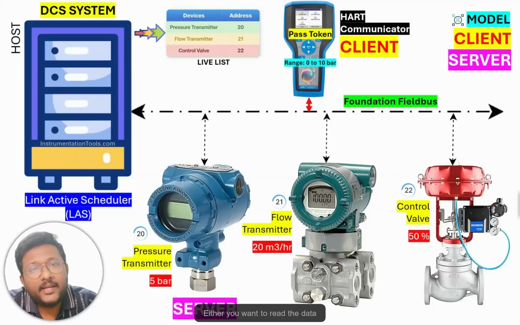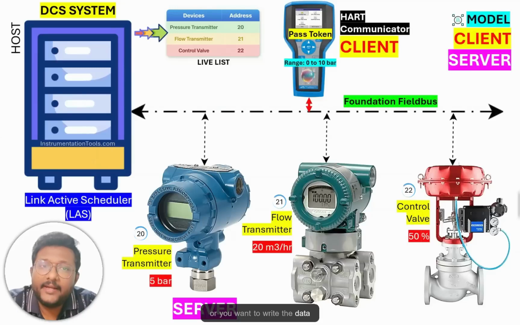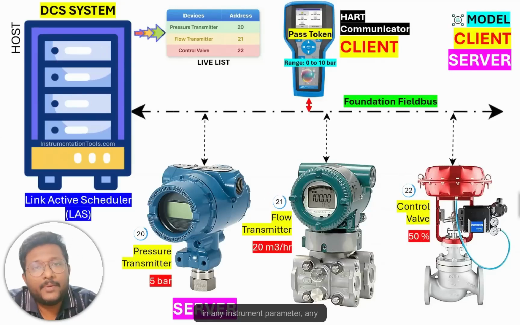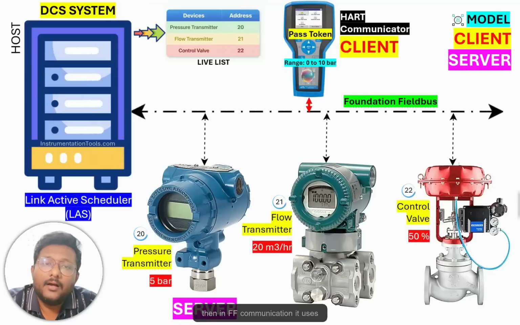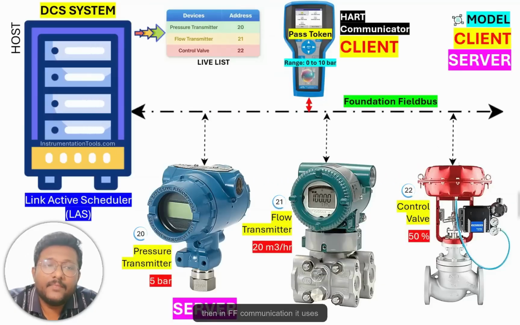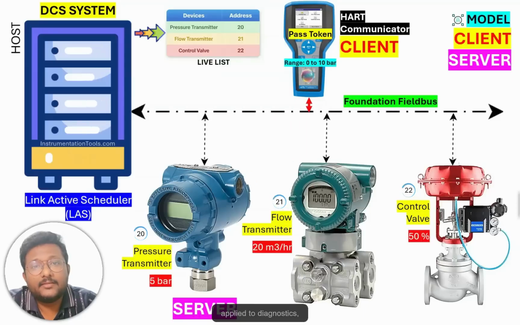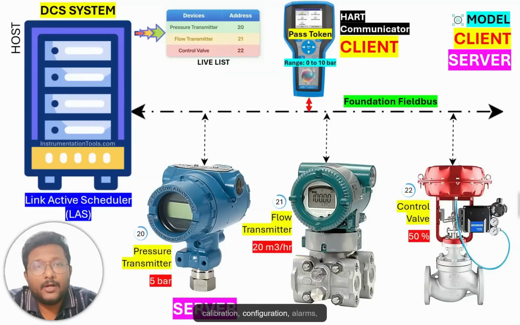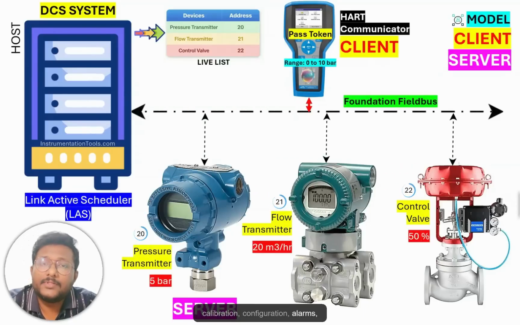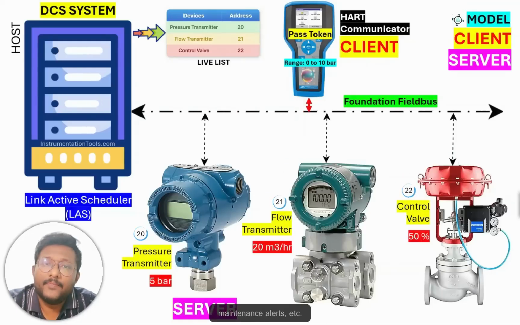Either you want to read the data or you want to write the data in any instrument parameter or configuration settings, then in FF communication, it uses the client server model. This client server model is applied to diagnostics, calibration, configuration, alarms, maintenance alerts, etc.